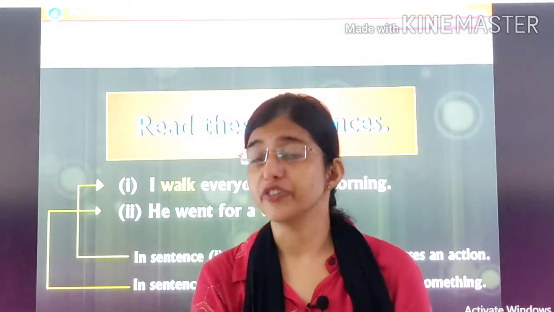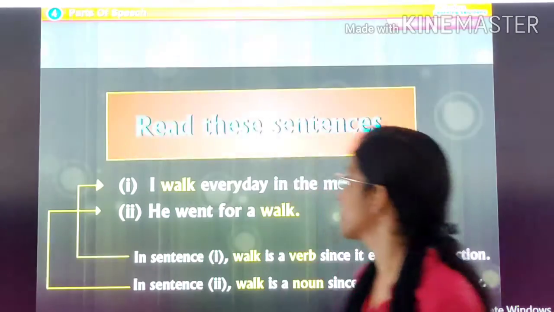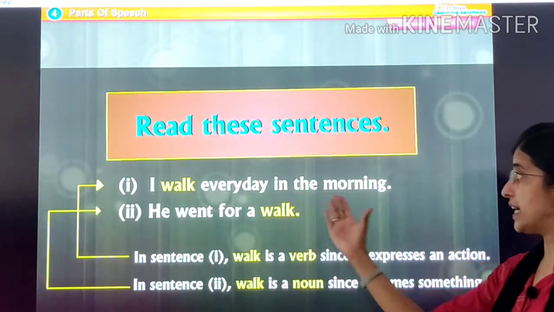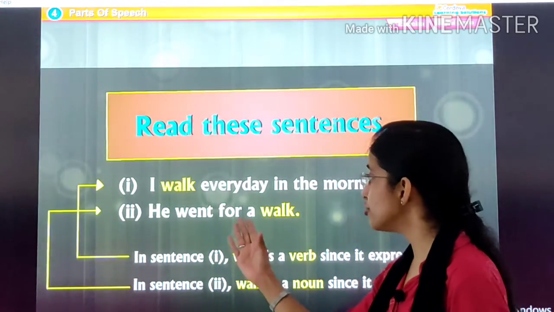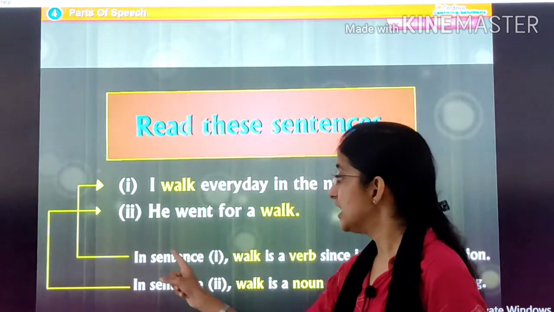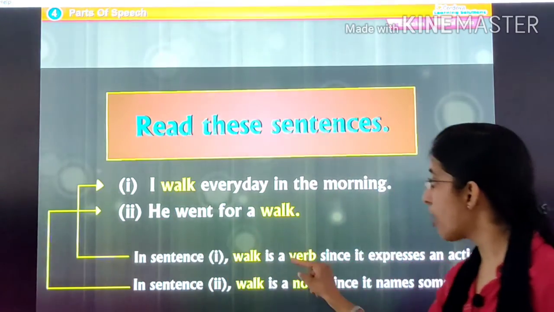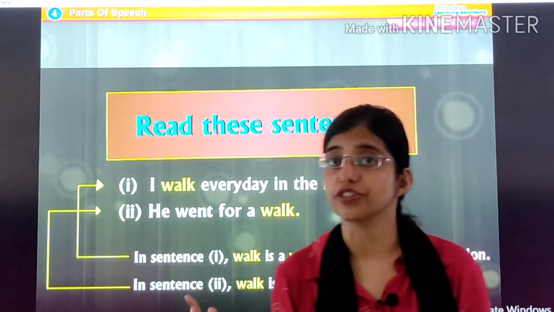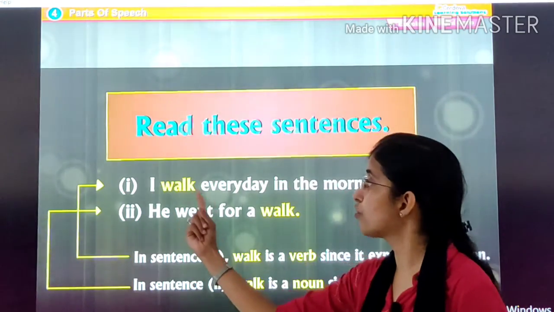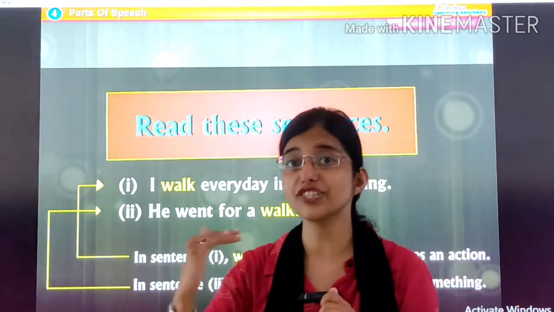Now children, read these sentences carefully. I walk every day in the morning. Second sentence, he went for a walk. In sentence 1, walk is a verb since it expresses an action. In the first sentence, walk is describing an action.